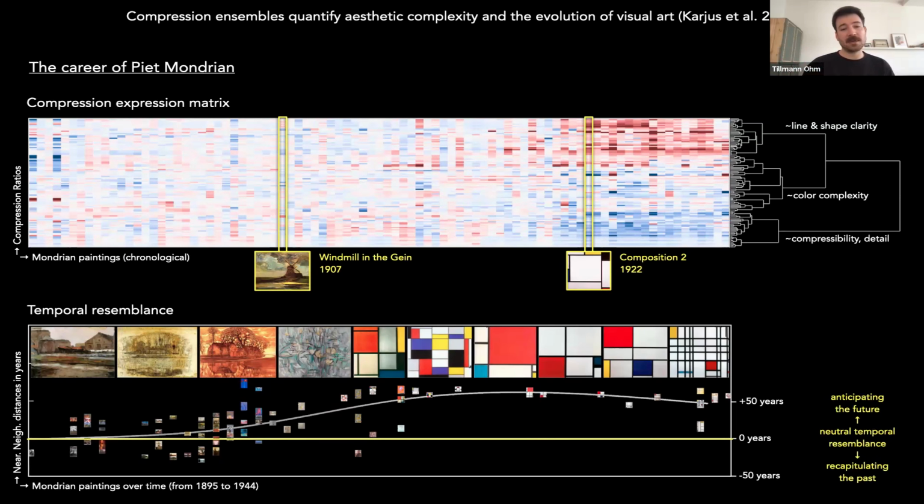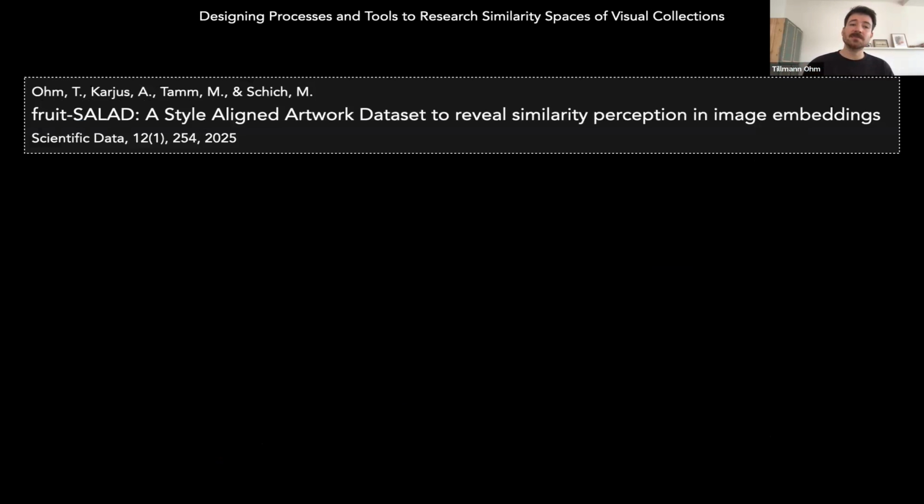So this method gave us a powerful addition to deep learning embeddings, but we still needed a systematic way to compare such models to understand which aspects of similarity they actually capture. This brings me to my next article, Fruit Salad, a style-aligned artwork dataset to reveal similarity perception in image embeddings.